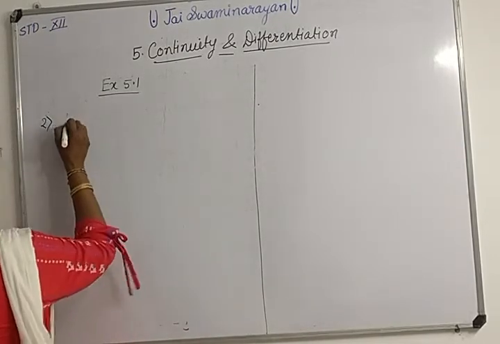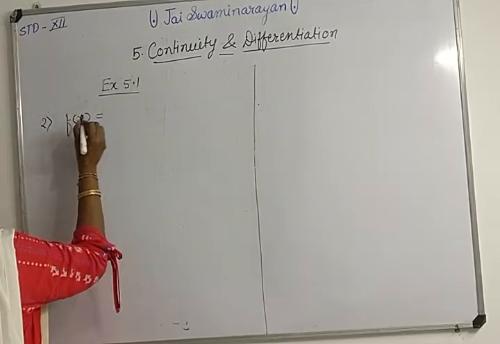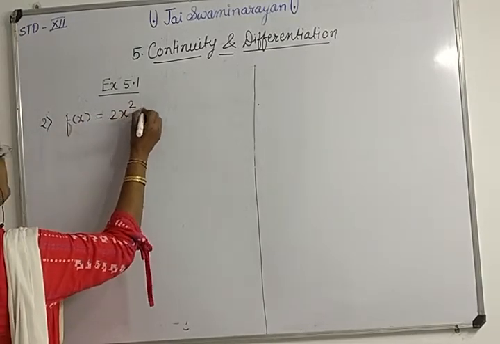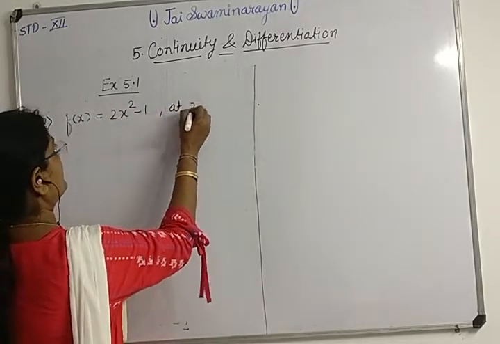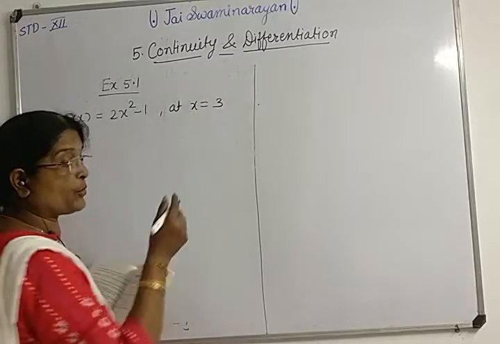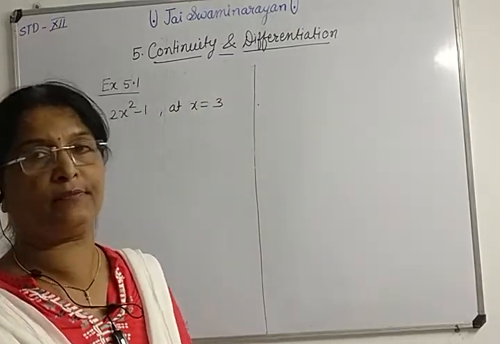The function is f of x equal to 2x square minus 1 and we have to check its continuity at x equal to 3. We have to check, means again we have to prove whether it is continuous or not.